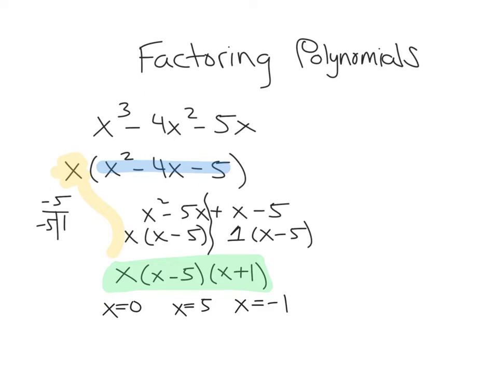So let's take a look at another one. Say I give you something like 5z to the 4th power plus 30z cubed plus 45z squared. Looking at this, I see that they have a z squared in common.